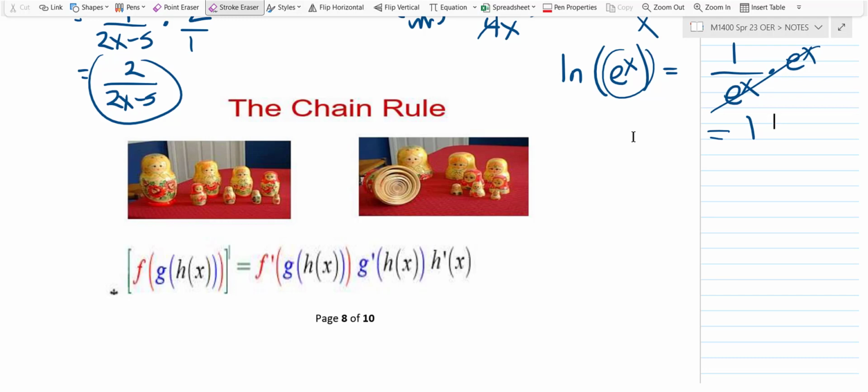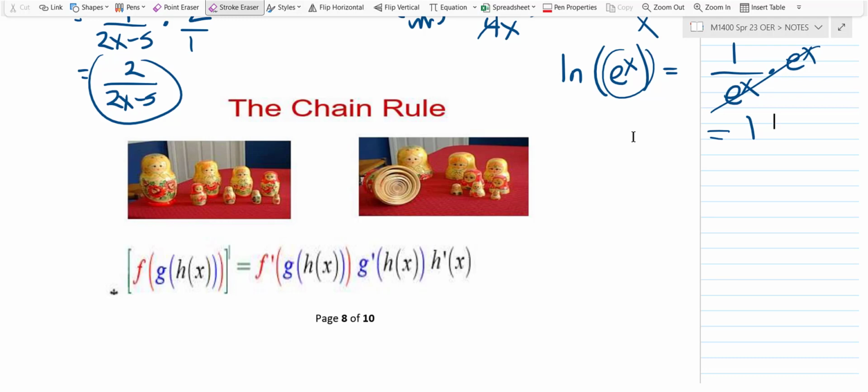So the idea is you're always taking the derivative of the whole doll, then you're multiplying it by the derivative of what's inside. And if there happens to be something inside of that, then you multiply by what's inside again. So theoretically, you could have chain rules with an infinite chain of functions inside of functions. We're not going to focus too much on that. We're going to focus mostly on one function inside of a function.